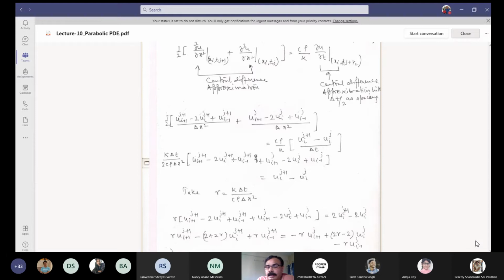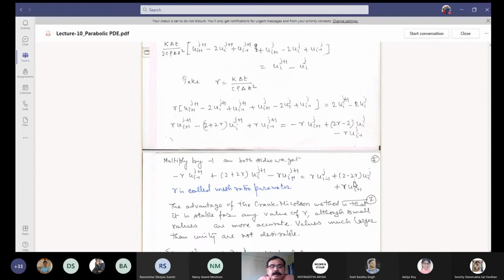Then finally we get the following formula: minus r u_(i-1)^(j+1) plus (1 plus 2r) u_i^(j+1) minus r u_(i+1)^(j+1) equals r times... Is it j plus 1 with i plus 1 on this slide? Yes, i plus 1, then it's fine.